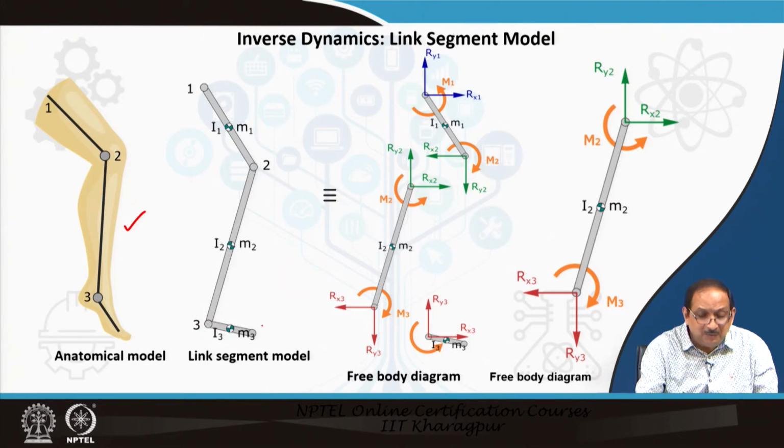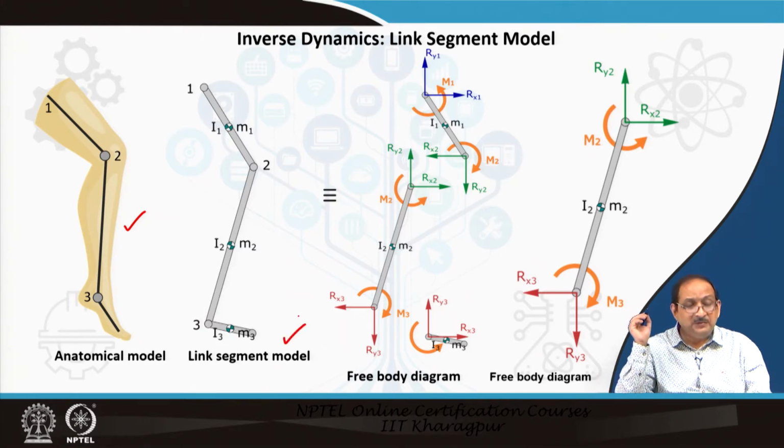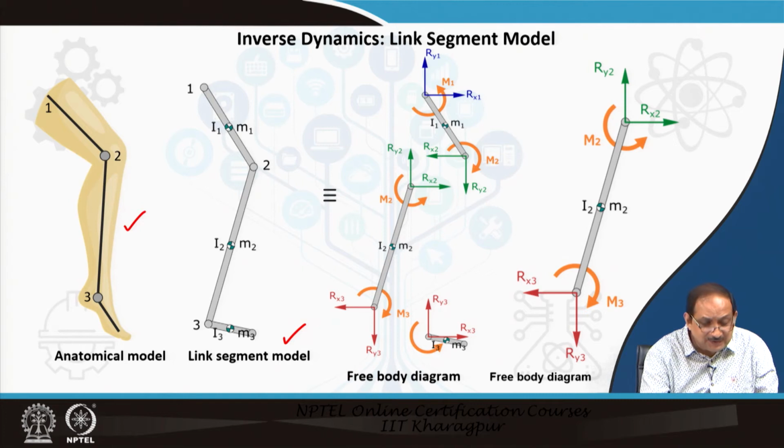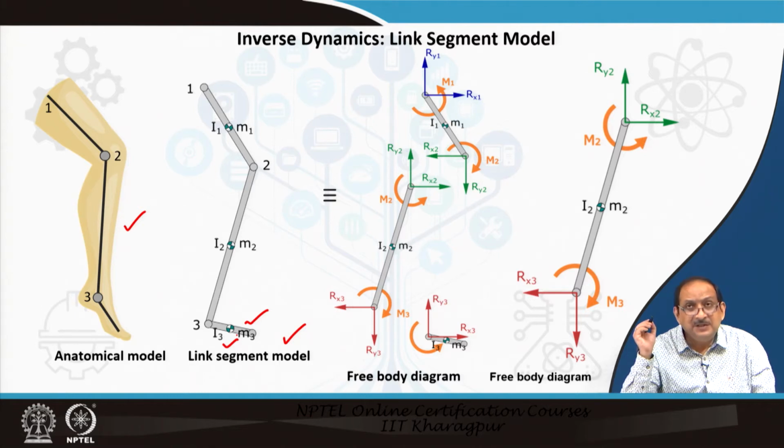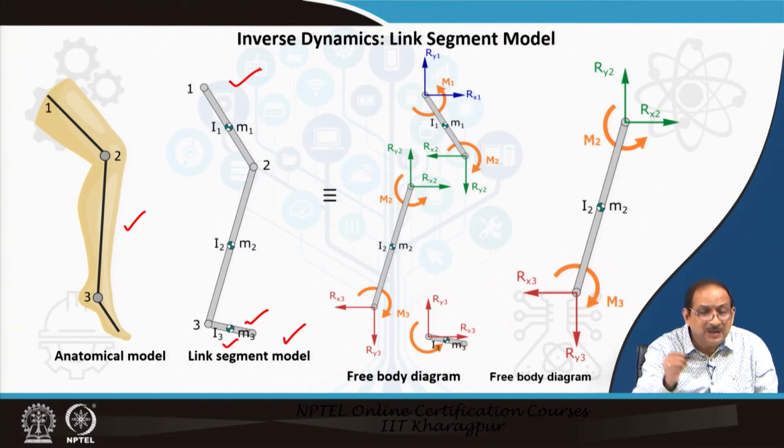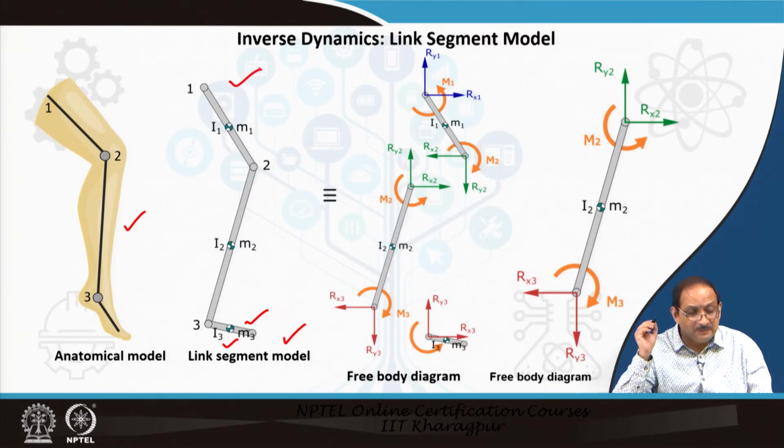This mathematical model of the rigid segments is known as the link segment model, as indicated in the figure. Each segment is characterized by the mass and moment of inertia acting at the center of gravity of each link. So, together we can call this a link segment model.